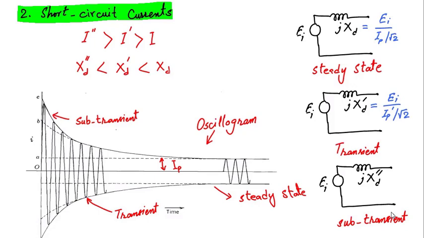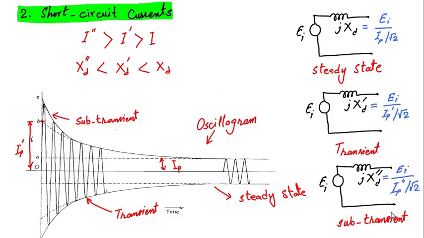On the graph you can see here this is the value of IP prime, the point of intercept of the transient current, and here we have that peak value IP dash.